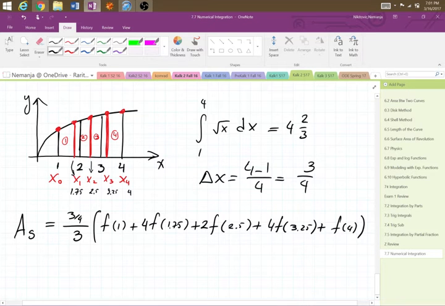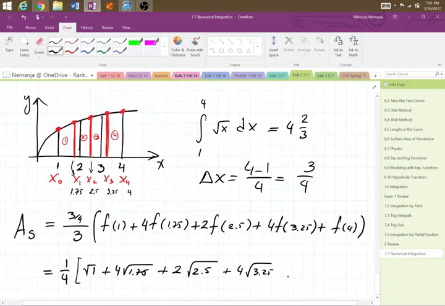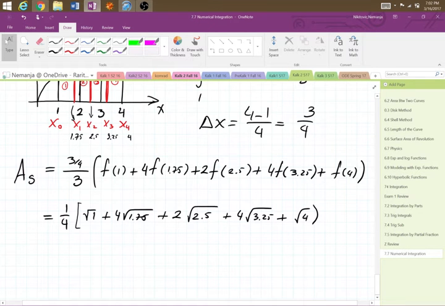So those are all square roots. 3 and 3 will cancel, so it just leaves 1/4 here. And then I have the square root of 1 plus 4 times the square root of 1.75. Get the calculators. Plus 2 times the square root of 2.5, plus 4 times the square root of 3.25, plus the square root of 4. And that will approximately be 1/4 times, what do I get?